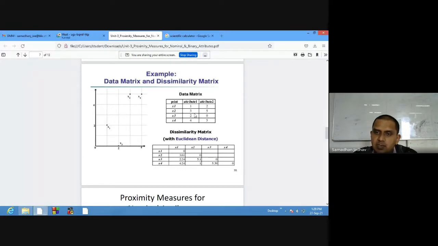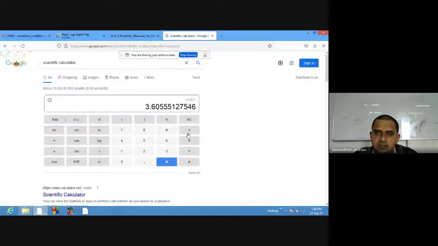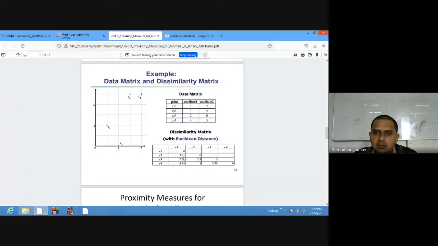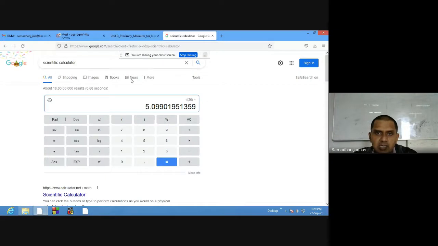So 25 plus 1 is 26, and the square root of 26 is 5.09, that is 5.1. So you can see object 3 with object 2 is 5.1, right? That is what we calculated.